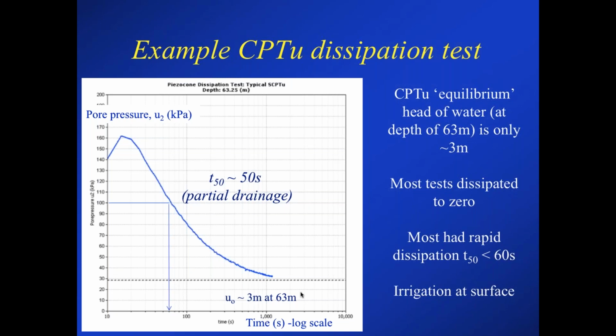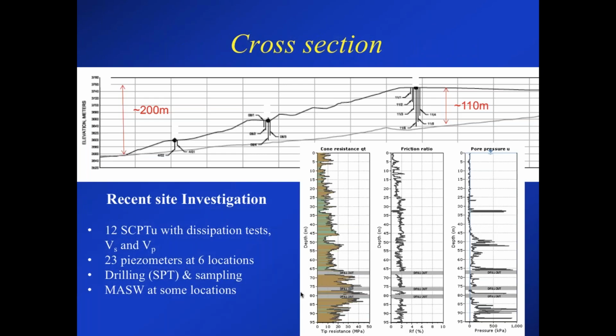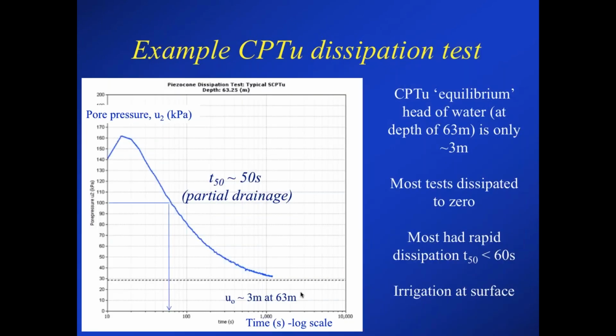Obviously not going to be perfect, but if you remember, they did install 23 electronic vibrating wire piezometers in 6 nested locations. Here they are, 23 piezometers at 6 locations. And they did confirm the general equilibrium pore pressures that the CPT got. I have been involved in other cases where the CPT, a bit like this curve, didn't get to 100% equilibrium, so there's a little bit of uncertainty about where equilibrium was.